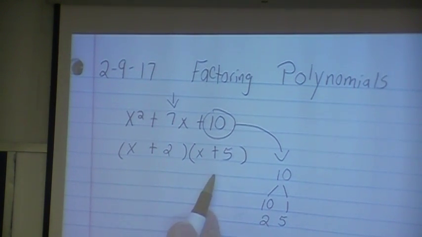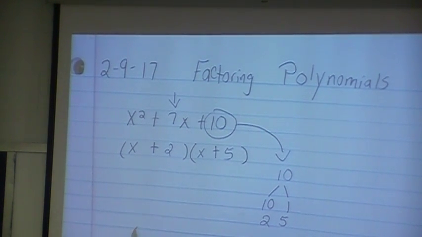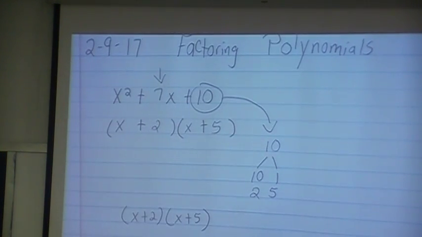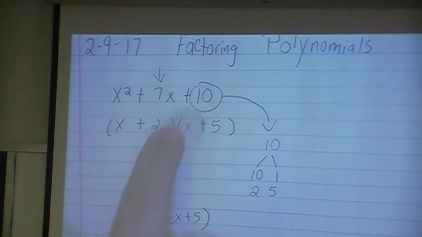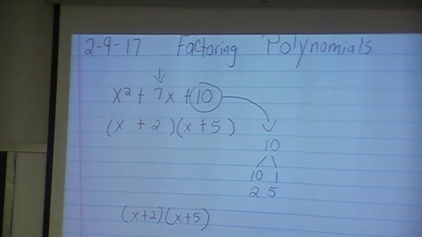This is what we say our factor is. Factoring and foiling go hand in hand. If I am correct, if I FOIL this out, I should get what I started with. X times x is x squared.